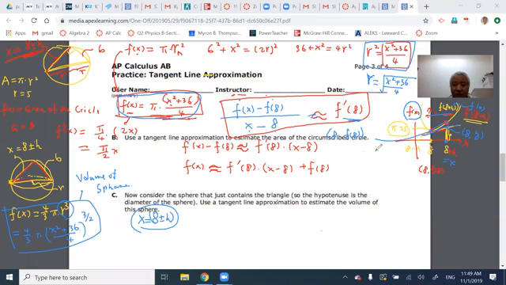Now, still like this, f(x2) minus f(8), y2 minus y1 over x2, which is x, minus x1, that's 8. And approximately equals what? Derivative at 8. And then multiply both sides by x minus 8, you got this one. And then you simplify, got this one. Now, we got to do the derivative now, okay?